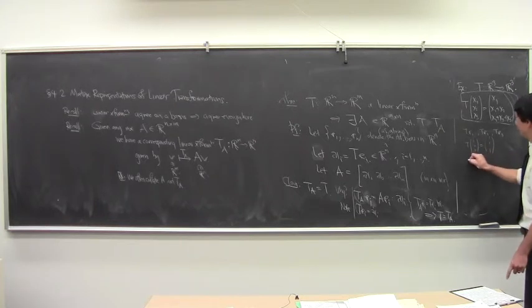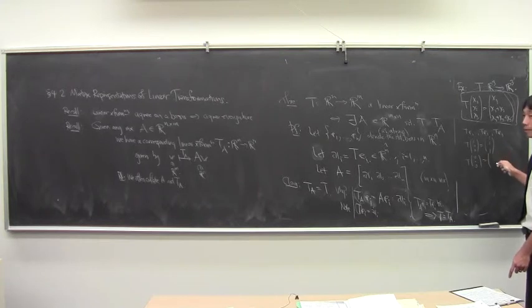T of 0, 1, 0 is going to be what? It's 0 times x1 plus 1 times x2. This is x1, this is x2, this is x3.